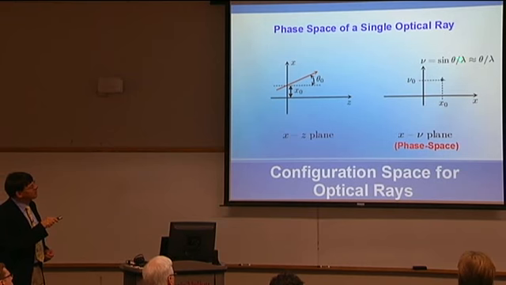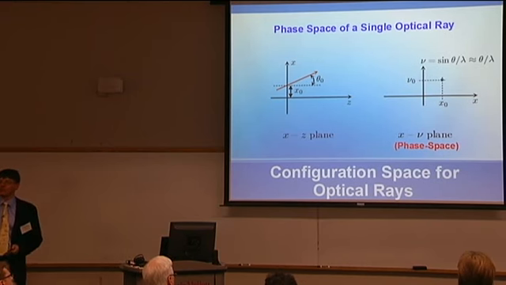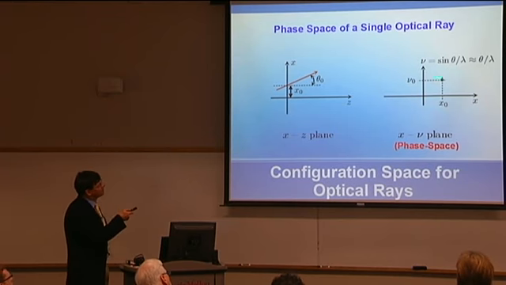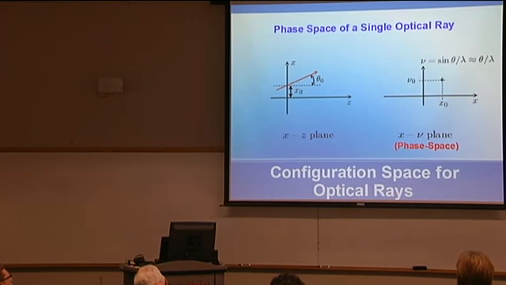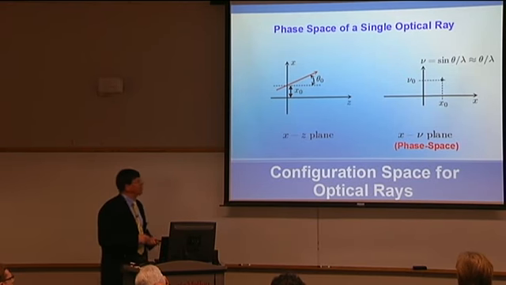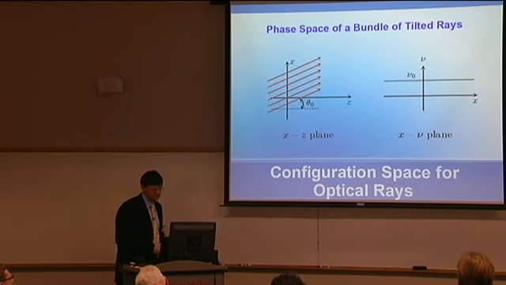The direction is encoded in a way that looks ahead to electromagnetic waves, because this is the usual way we talk about spatial frequencies and how we define them. So this is what I want to call phase space, the phase space of geometrical optics.